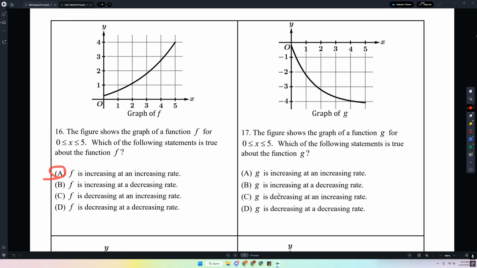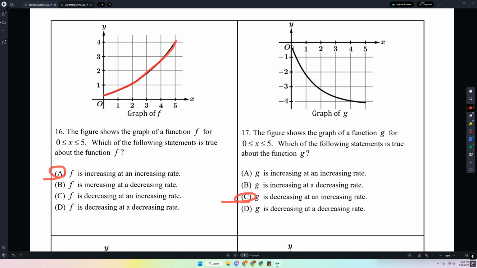and 17 is C. And the reason is, you see the function for 16, we see the function is increasing, and it's increasing faster and faster as we go because our slope is getting higher.